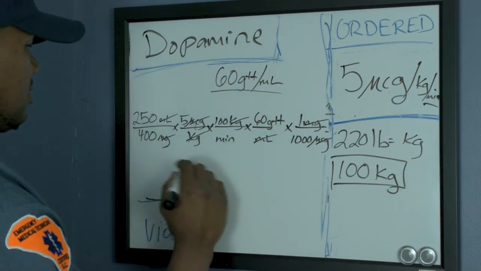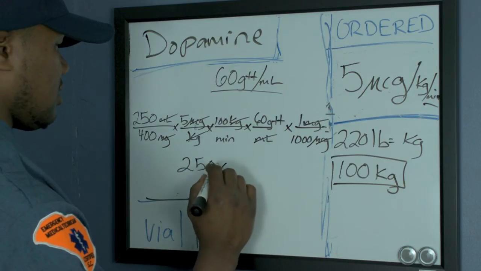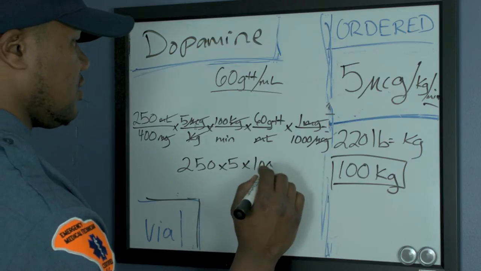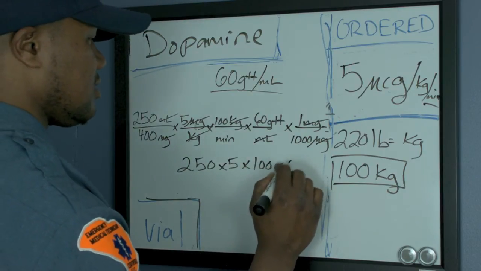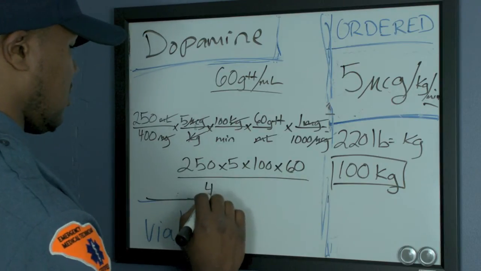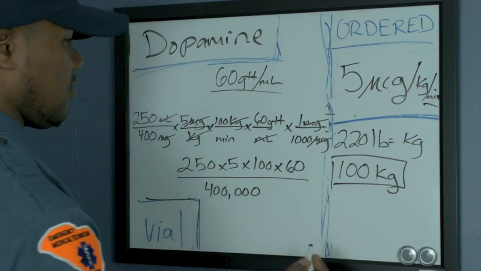Okay? So it ends up being 250 times 5 times 100 times 60. All of that divided by 400,000.